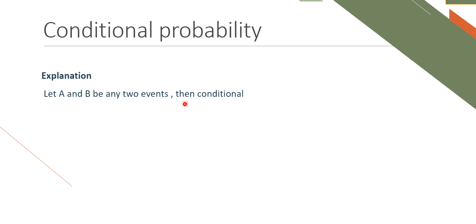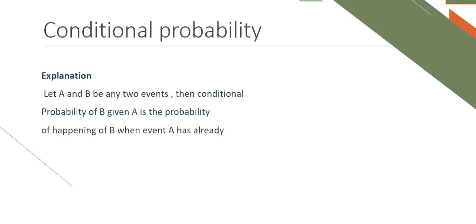Probability of B given A is the probability of the happening of B when A has already happened. That we call conditional. In simple words, I can say that B knows about A. So that is the meaning of conditional probability.